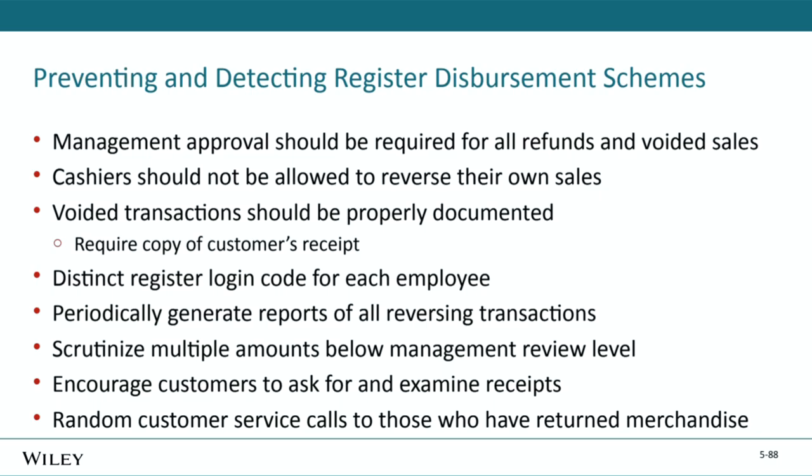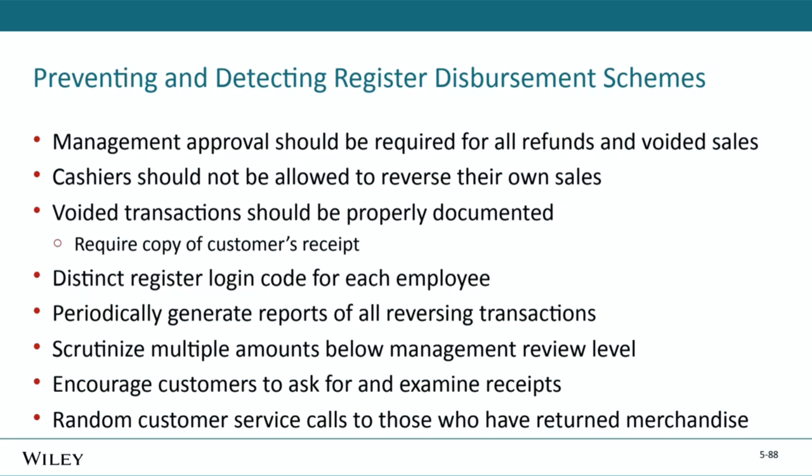Voided transactions should be properly documented. Require a copy of the customer's receipt. Okay, and a distinct registered login code for each employee, and again, keep them distinct and private. Don't share it. Don't put it on the post-it note on the cash register.